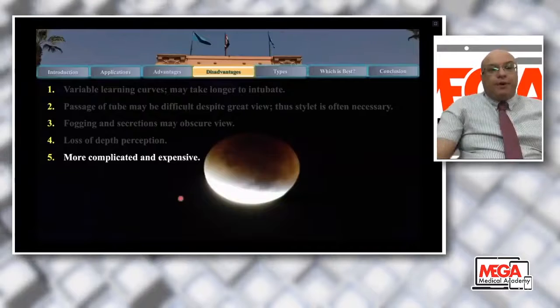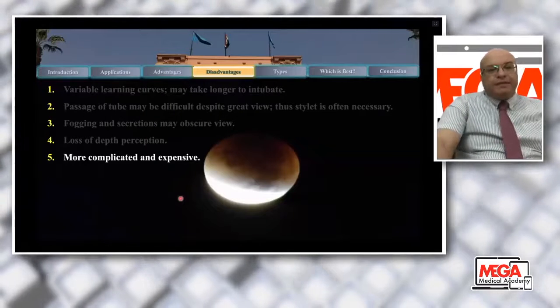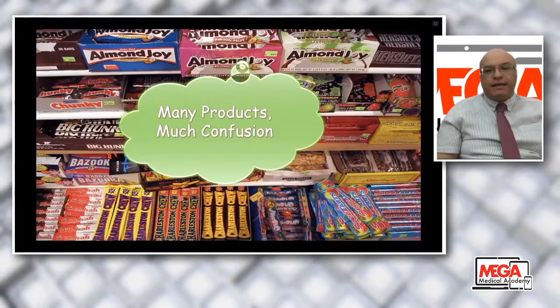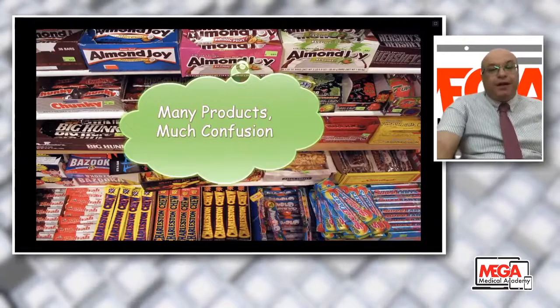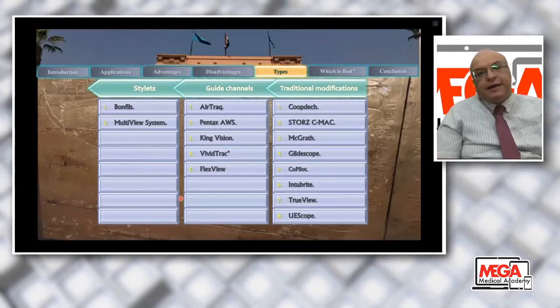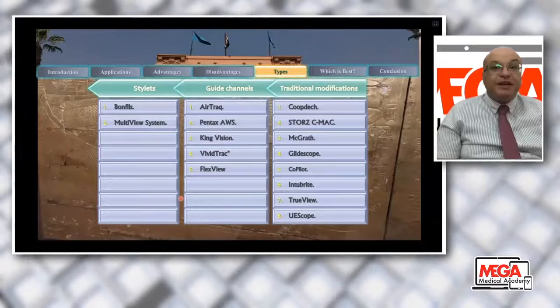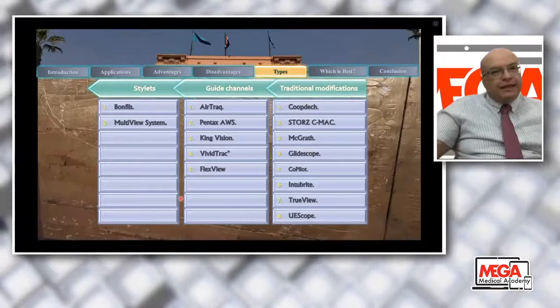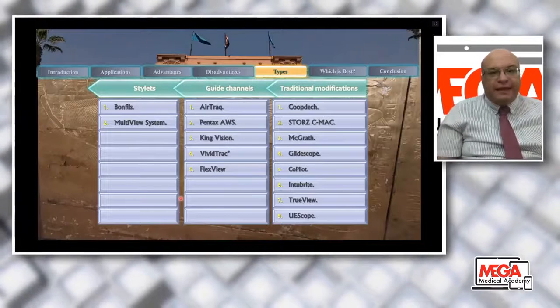We are talking about a more complicated technology and a very expensive technology indeed. We have many products, many suites available in the market, and much confusion. I can summarize the types of video laryngoscopes into 3 main categories. Stylets, which are like any stylet you are using, but this is a video stylet.